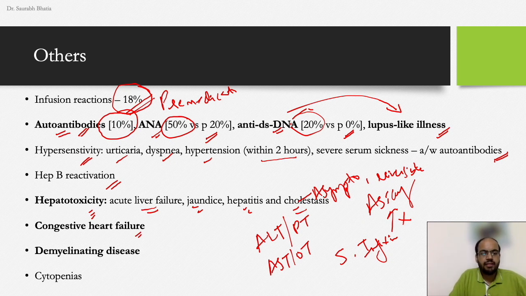Now, congestive heart failure. NYHA class 2-3 is a relative contraindication for infliximab, only to be given in life-saving conditions. Nearly all TNF-alpha inhibitors can precipitate congestive heart failure, so the patient has to receive the infusion under cardiac monitoring.